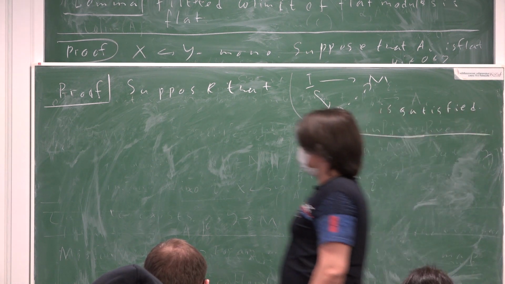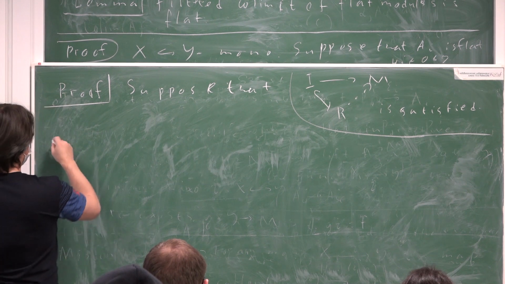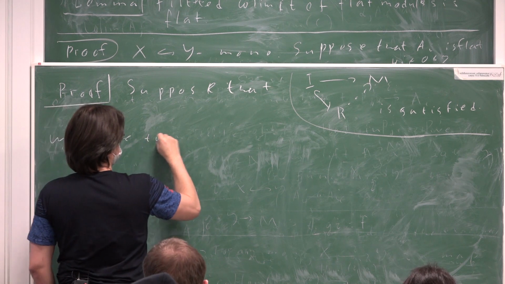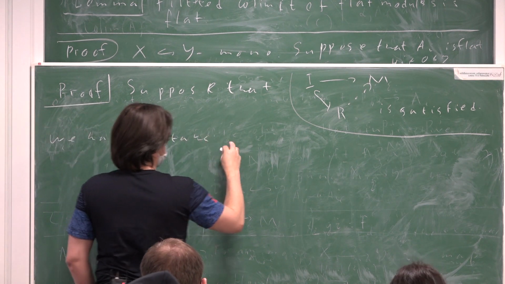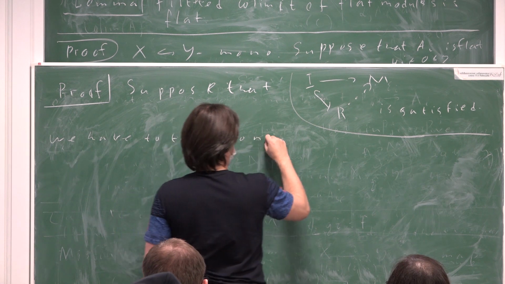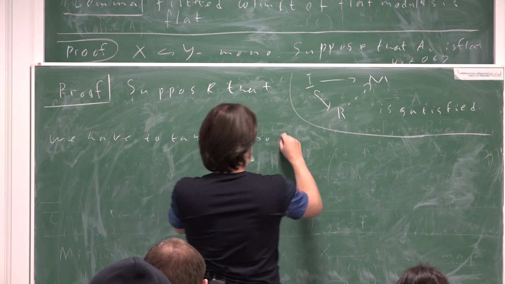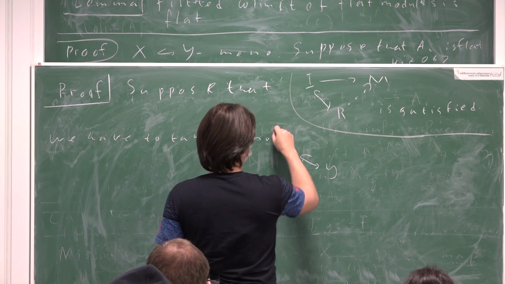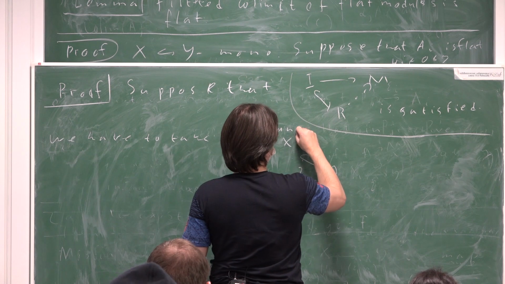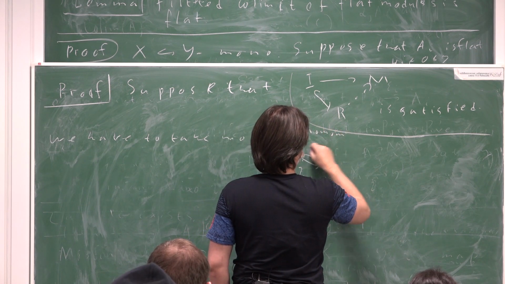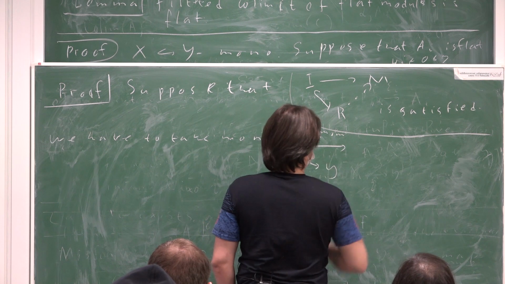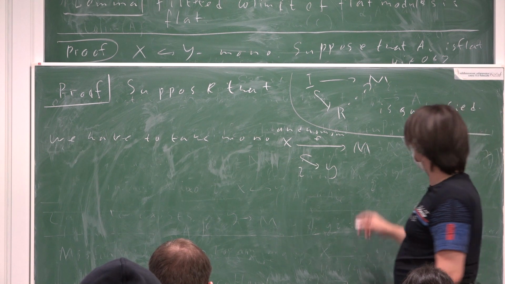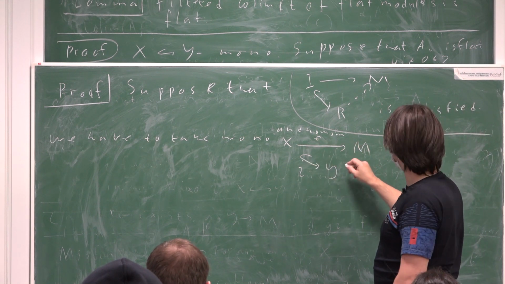So we have to take some mono from X to Y and a homomorphism F from X to M, and prove that there exists G from Y to M that makes this triangle commute.